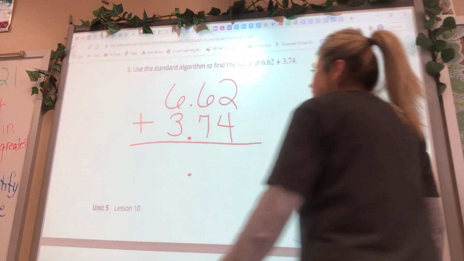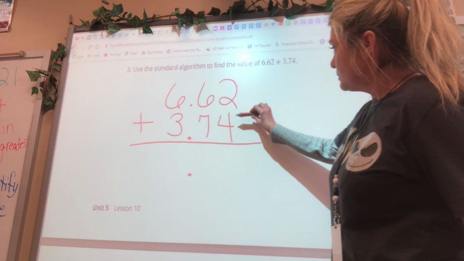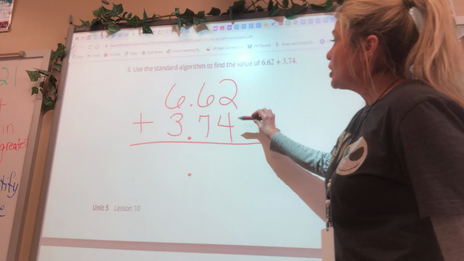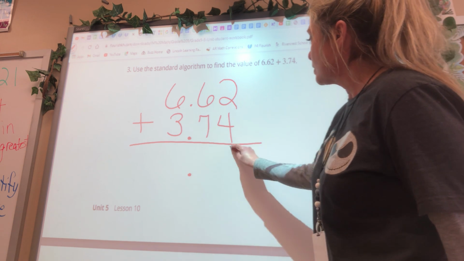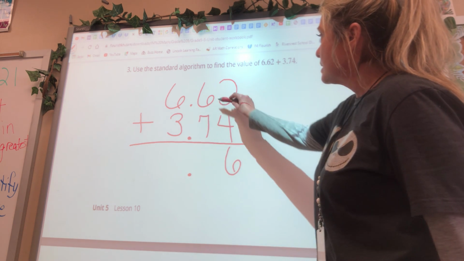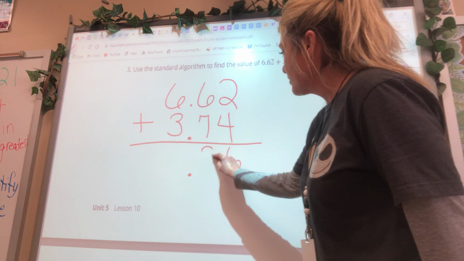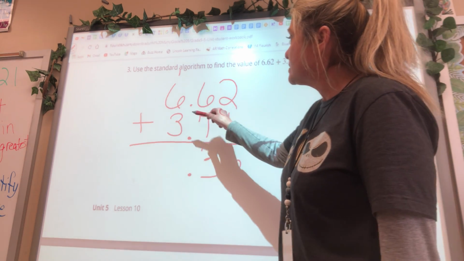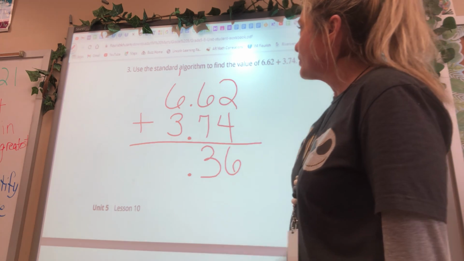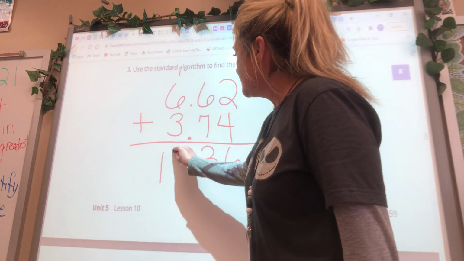We're keeping our place values. So first we're going to add our hundredths place, tenths, hundredths. So 2 plus 4 is 6. 6 plus 7 is 13, so we would carry our 1. 6 plus 3 is 9, plus the 1 that we carried is 10.